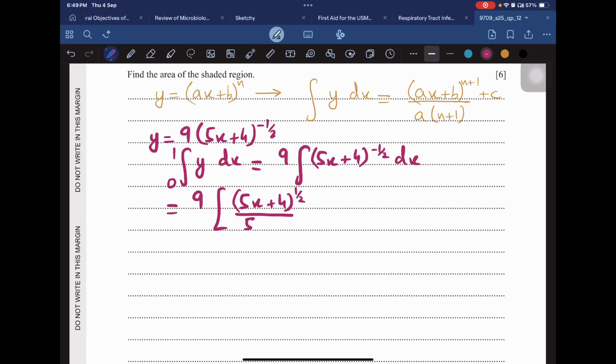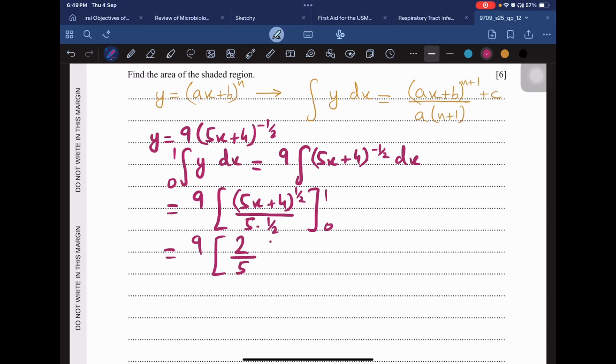So 5 times half from 1 to 0. We simplify this, 5 times half is 5 over 2. This will become 2 over 5 times 5x plus 4 power half from 1 till 0.